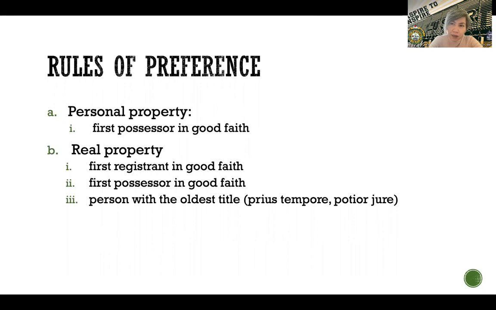Then second will be the first possessor in good faith if there was no registration. And then the third will be the person with the oldest title. So prius tempore potior iure. First in time, first in right.